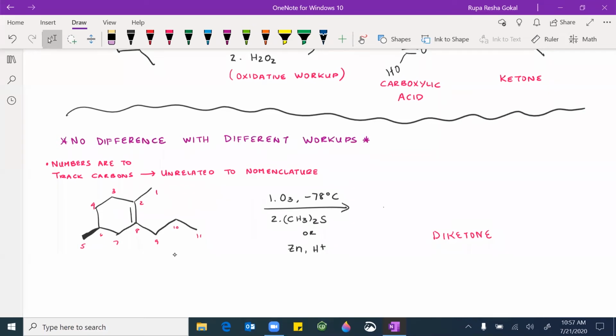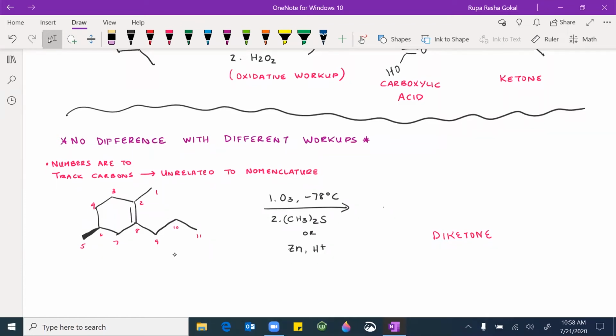So if you ozonolyze a chain alkene, you end up with two separate products. If you ozonolyze a cyclic alkene, you're going to end up with one product with two carbonyls on either end. Notice I've arbitrarily numbered all of these carbons just to make sure I can keep track of them.